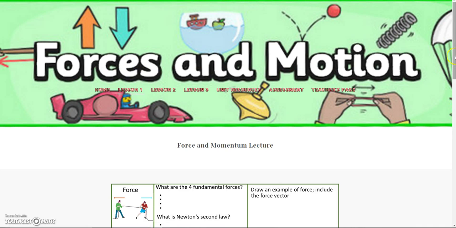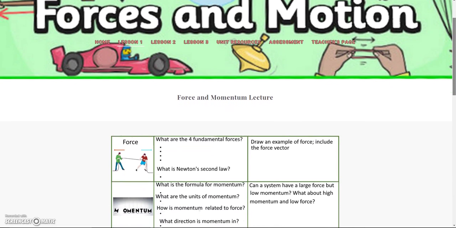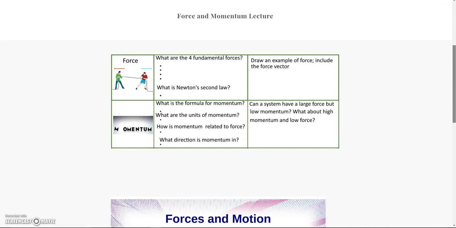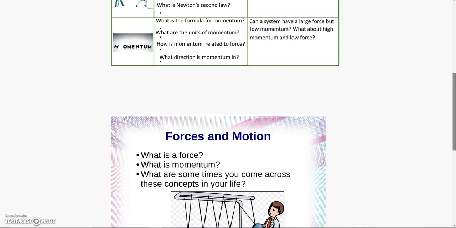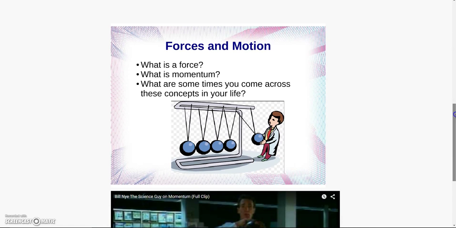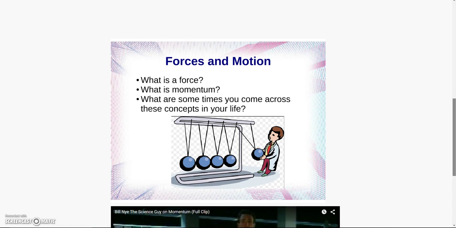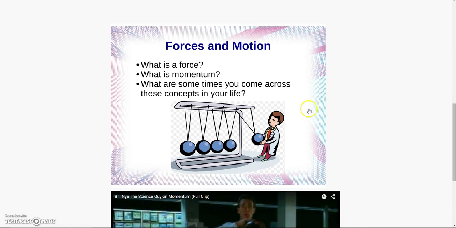The first lesson I have is a force and momentum lecture. Right here I have a worksheet that would be passed out with this lecture, and below it I have my PowerPoint slides for this lecture, and we can click through and see what these are.